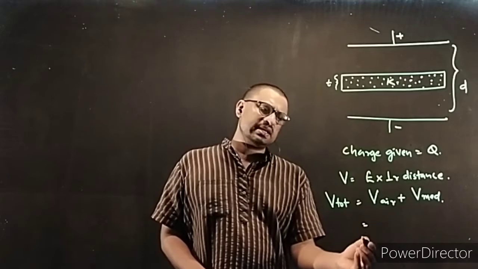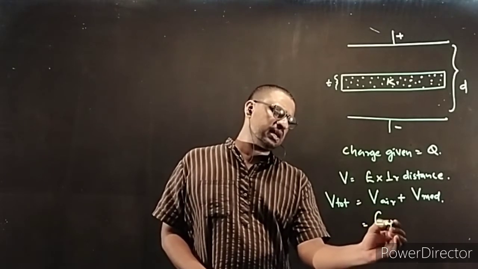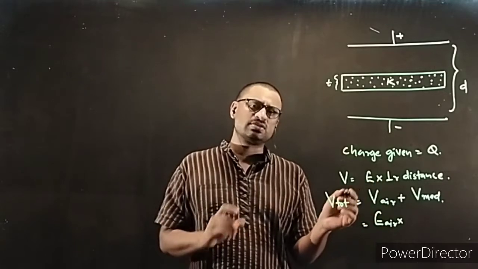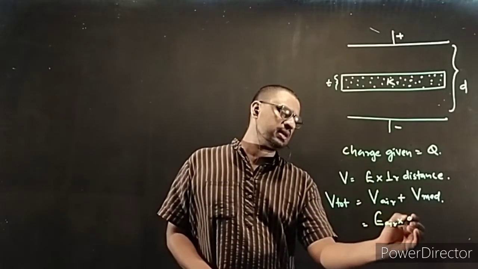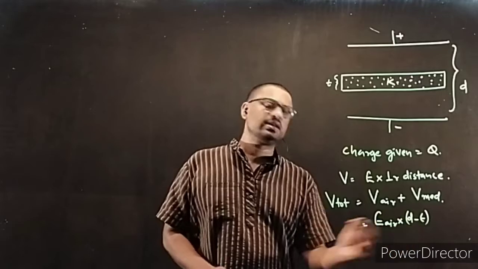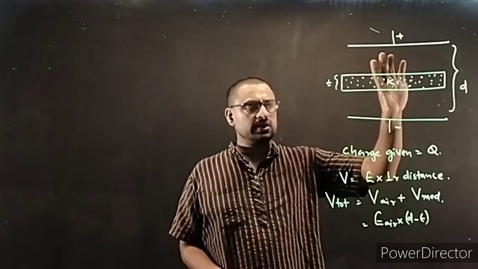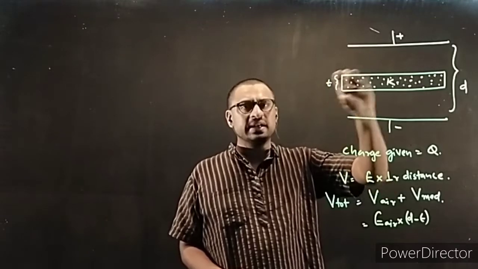Now the potential difference in air is the electric field existing in air into the thickness of air. The thickness of air is D minus T, isn't it? Why? D is the total separation between the plates, and among that, T is the medium.